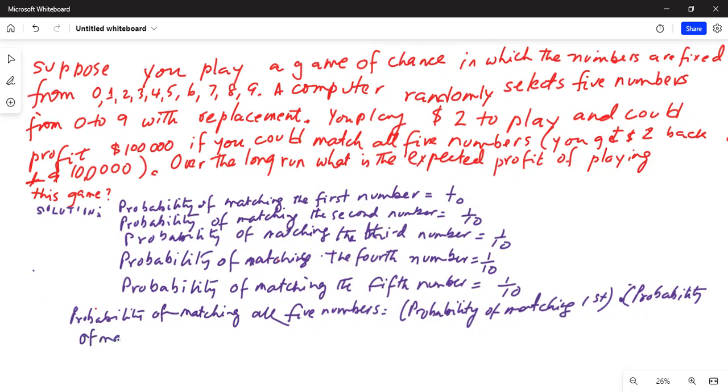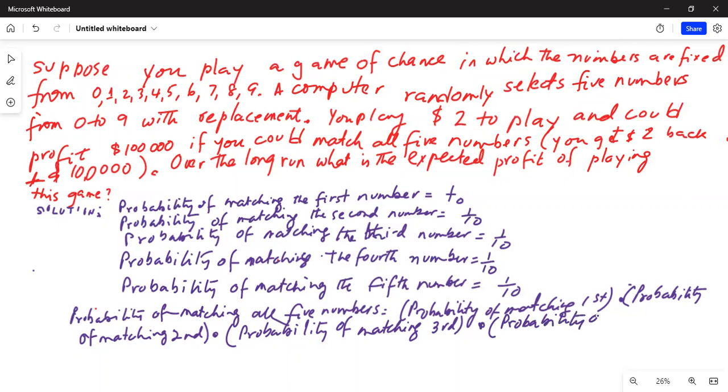Probability of matching second times probability of matching third, multiplied by probability of matching fourth, times probability of matching fifth.